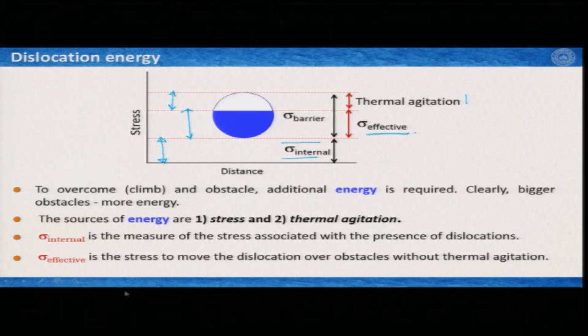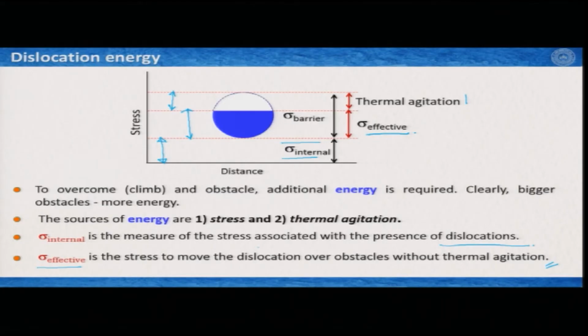And here there are some definitions. Sigma internal is the measure of the stress associated with the presence of dislocations, as I have explained, and sigma effective is the stress to move the dislocations over obstacles without any thermal agitation. At least in this cartoon diagram, we see that sigma effective is not sufficient to overcome or climb the obstacle and continue the motion of the dislocation.